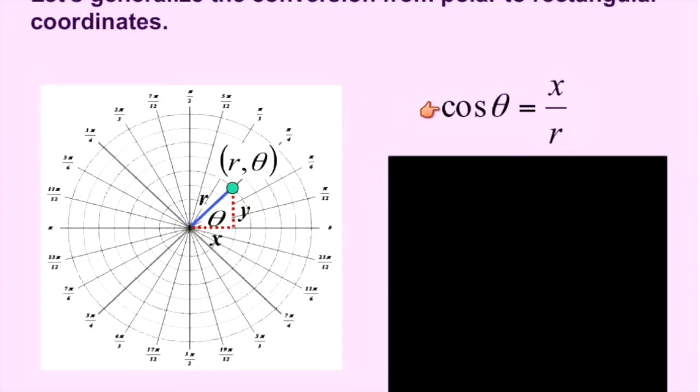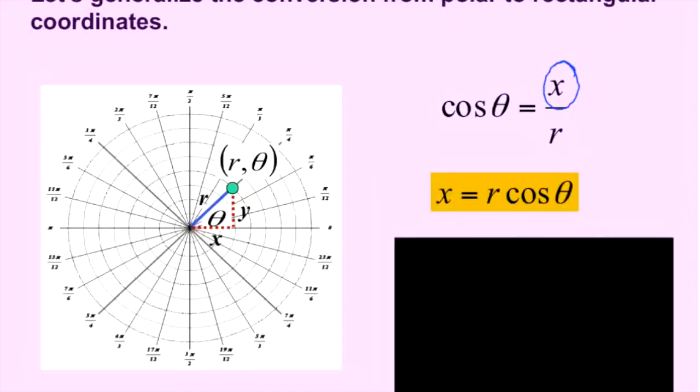Make sure you write that down, which is what we did in the last slide, just without any numbers, using variables. And if we're trying to solve for x, then the formula is x equals r cosine theta, because we multiply both sides by r.